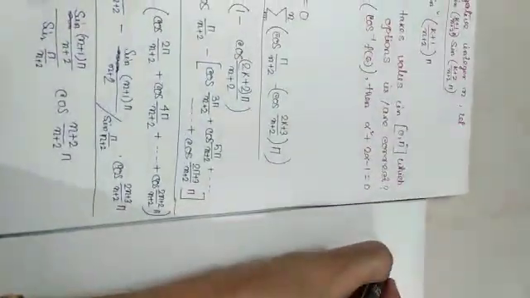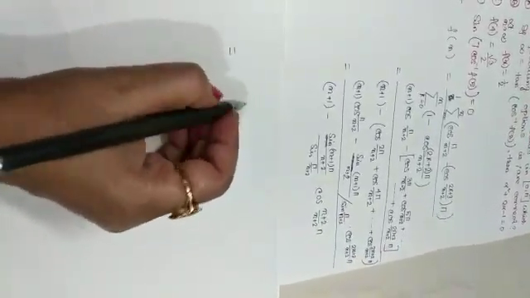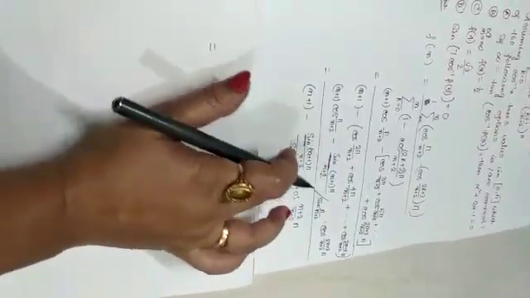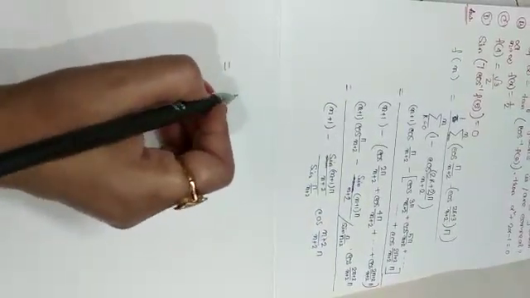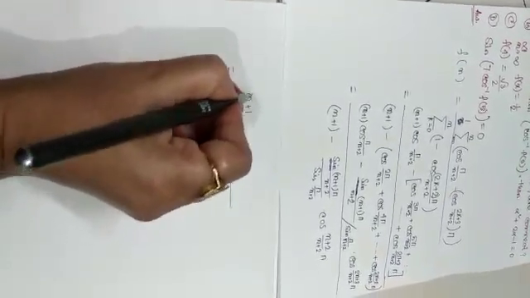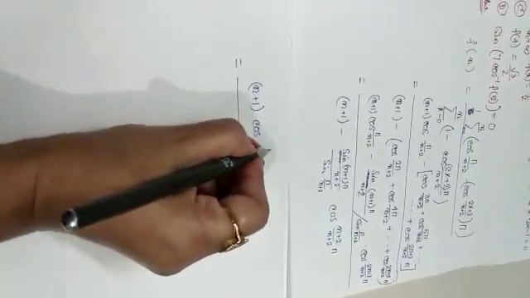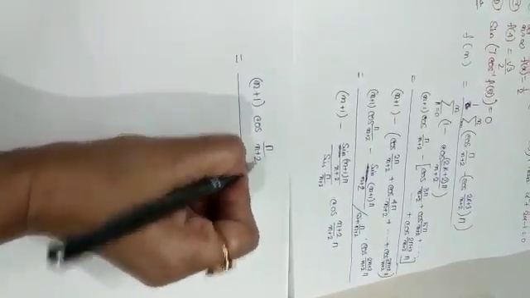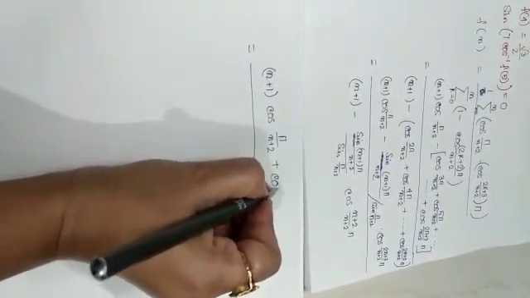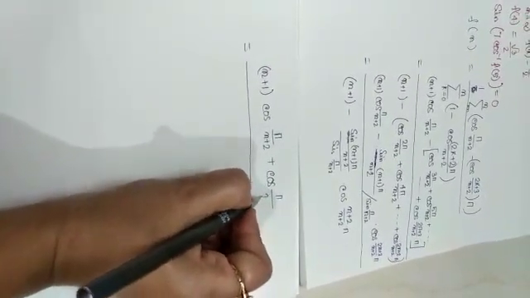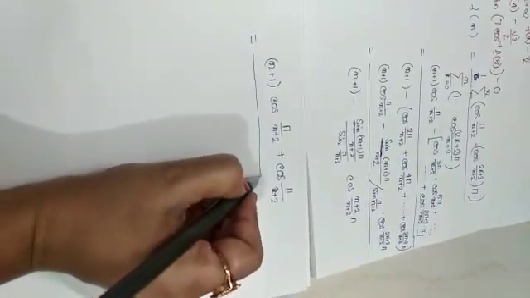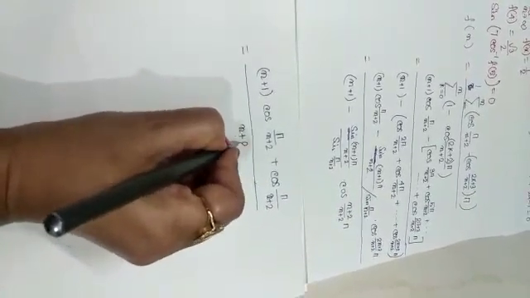Now our final result becomes, this and this are eliminated, and now the numerator becomes n plus 1 cos of pi by n plus 2 plus cos of pi by n plus 2, divided by n plus 2.